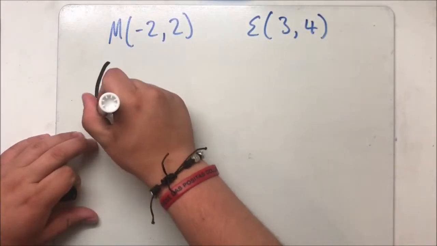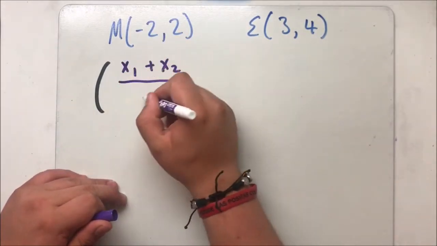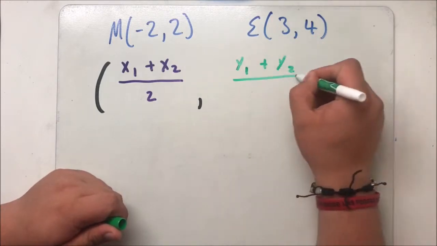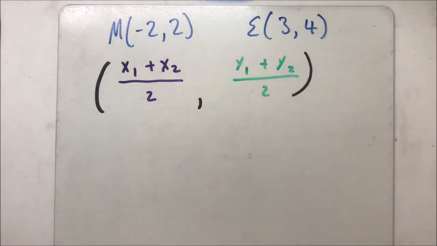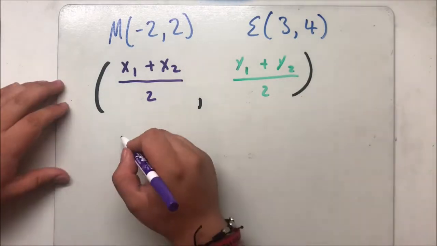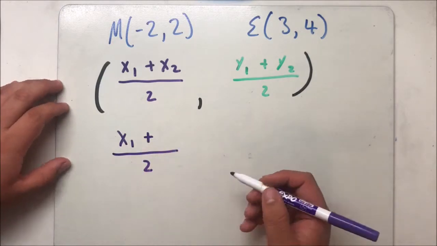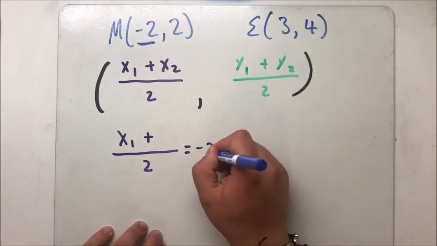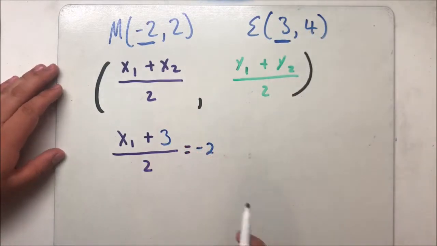So we take our midpoint and our endpoint, and we're going to be using the midpoint formula, which is (x1 plus x2) over 2 with (y1 plus y2) over 2. We're going to be using the x1 plus x2 over 2, but since we already have the midpoint, we know that it's going to be -2 and that x2 is 3.